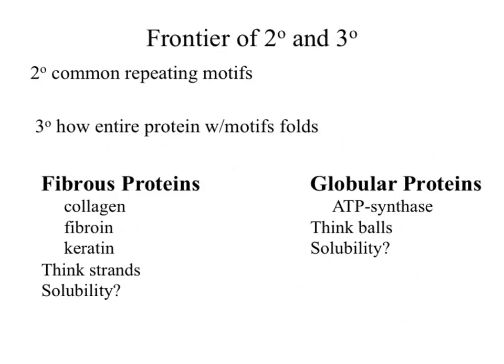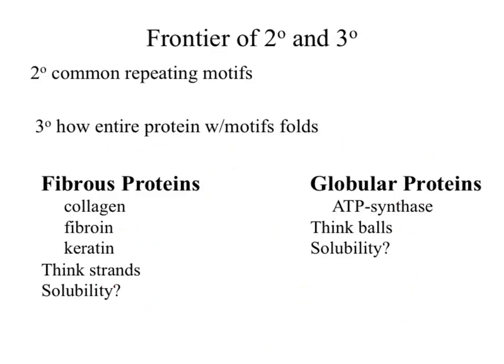Our tertiary is now saying we take the entire protein and look at how it folds as a whole. So that is going to include the secondary structure, because how those individual secondary structures interact with each other is going to set up your tertiary, how the whole thing gets put together. So it's a very gray area between those.